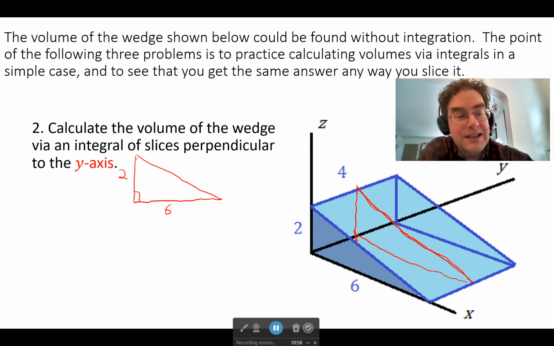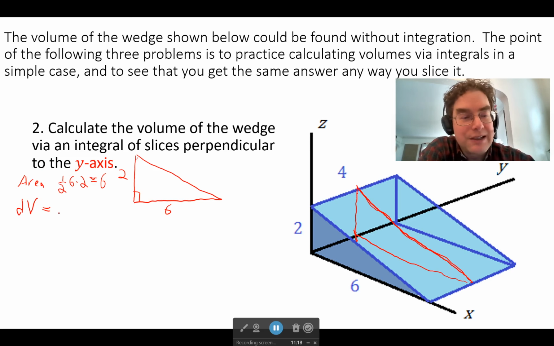So in this case, the area of one of our cross-section slices is just going to be 1/2 base times height, and so that is 6. They all have area 6, which means that our differential of volume is simply going to be the area of the cross section times our thickness, which is just dy.